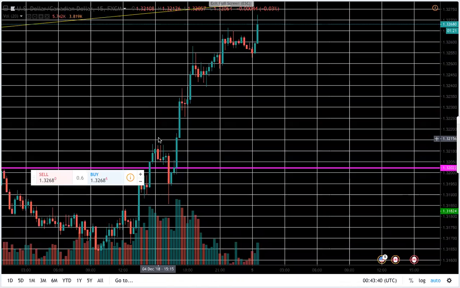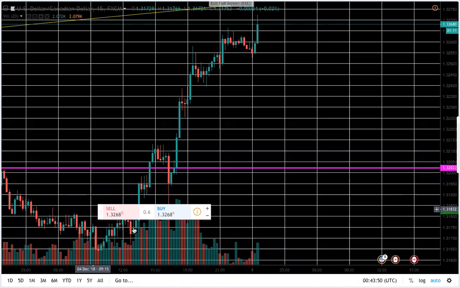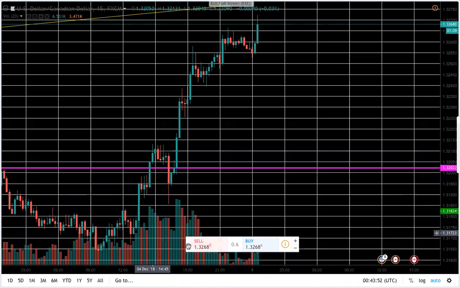See, it's a lower time frame. So every candle is 15 minutes. The first thing you want to find is the floor and the ceiling, meaning where is price rejecting the most. A floor can always become a ceiling, and a ceiling can always become a floor.